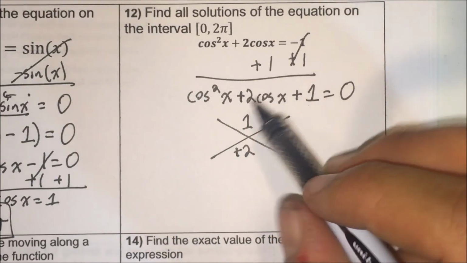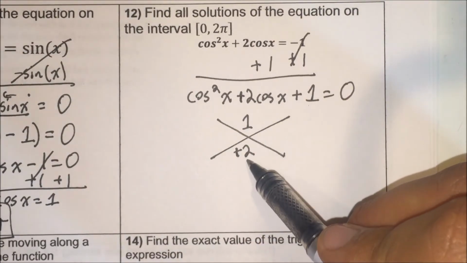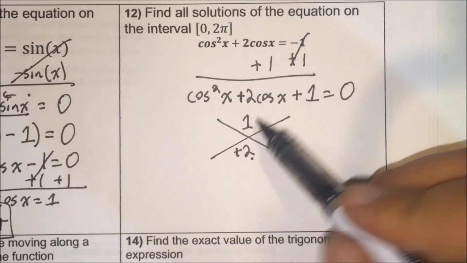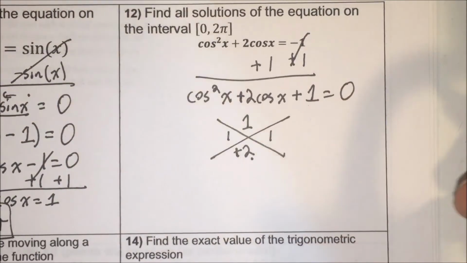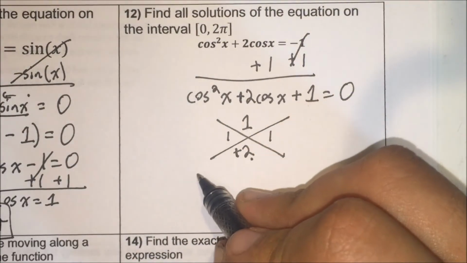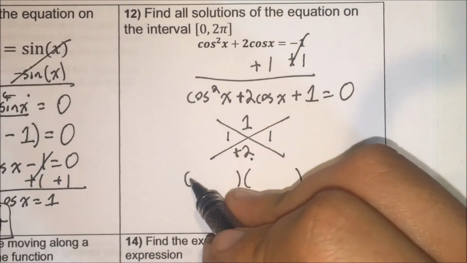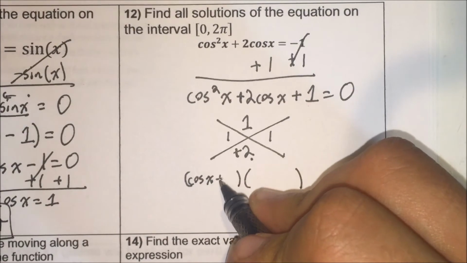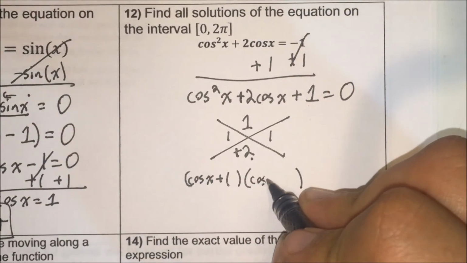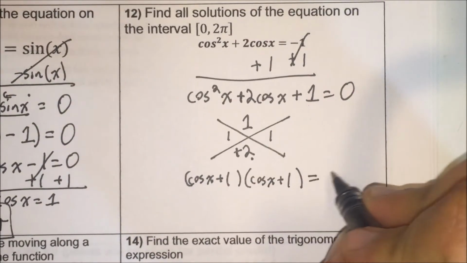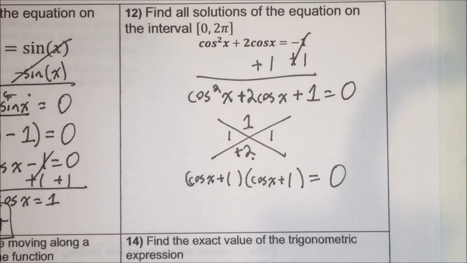Interesting. So again, we want two numbers that add up to 2 but multiply to 1. That's easy. That's just 1 and 1. And so that means this equation is going to factor into cosine of x plus 1, cosine of x plus 1 is equal to 0.